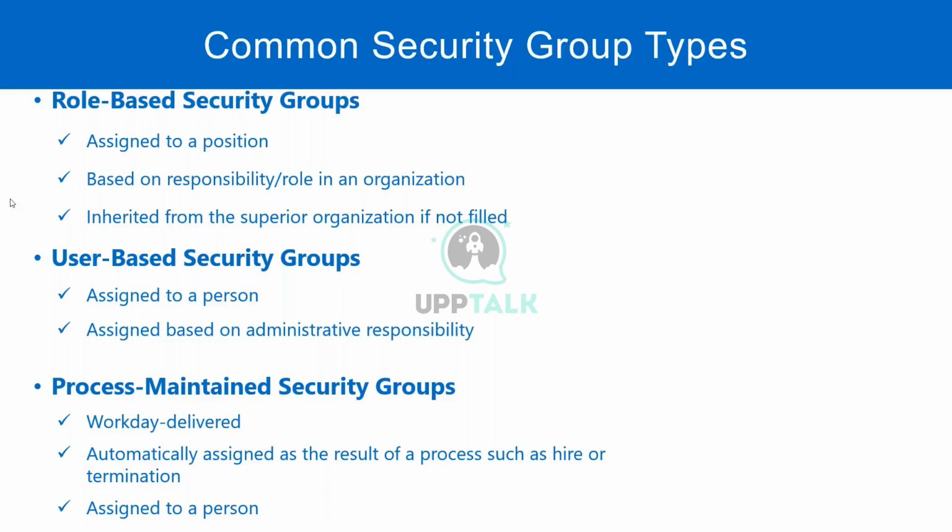There is no actual worker occupying that position. Then who is going to act like the manager for that supervisory organization? Then it will be inherited from the superior organization, whoever has that role in that superior organization.